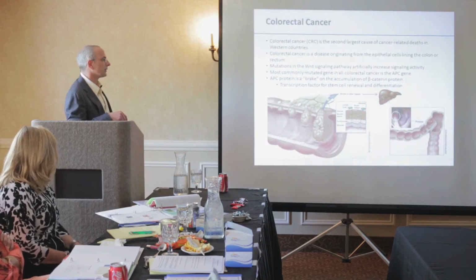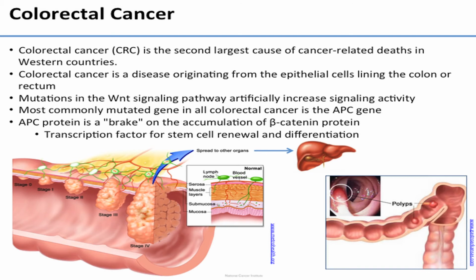This one's a big one, colorectal cancer, and I'm sure everybody knows somebody, and everybody who gets to the age of 50 has to be checked, but it's one of the biggest ones in the Western Hemisphere. It's all about the epithelial lining, which is where it all starts.